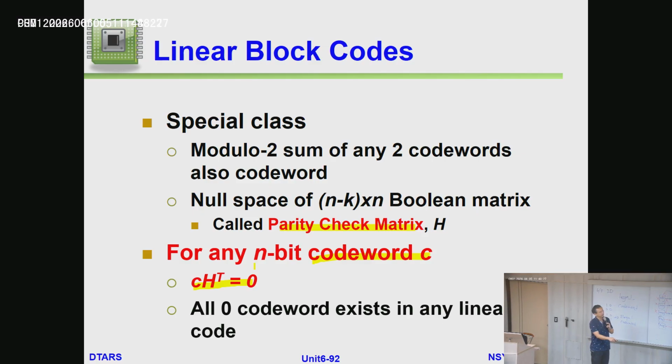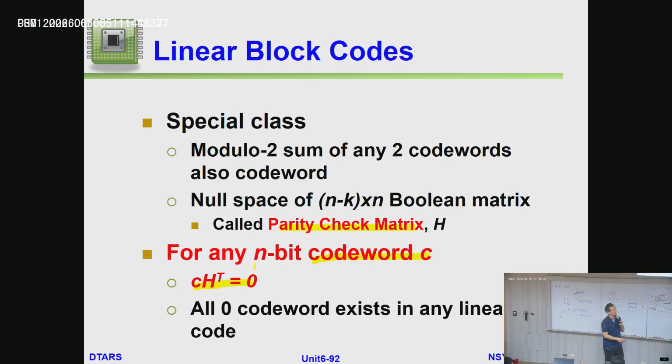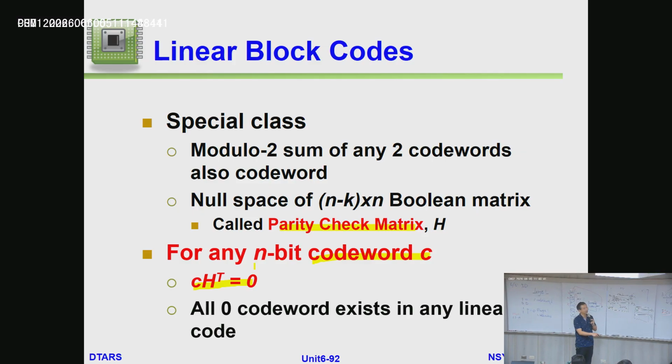Keep in your mind that for ECC, we use a matrix to check if your data in the memory is good or not. If your data is good, then when we multiply your data with this parity check matrix, it must be 0.